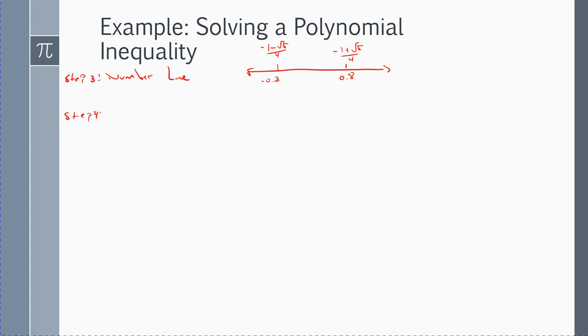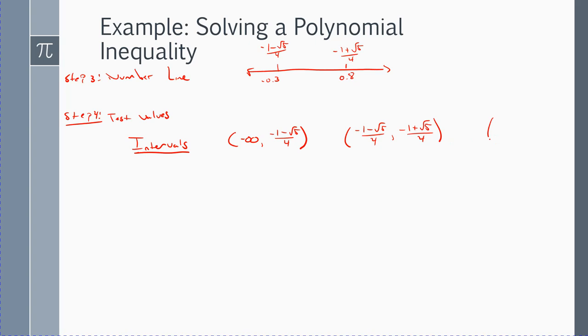Then step 4, you're going to need your test values. So set up your intervals. You're going to need -infinity to -1 minus the square root of 5 over 4. Your next interval is -1 minus the square root of 5 over 4 to -1 plus the square root of 5 over 4. And then your last interval is -1 plus the square root of 5 over 4 to infinity.